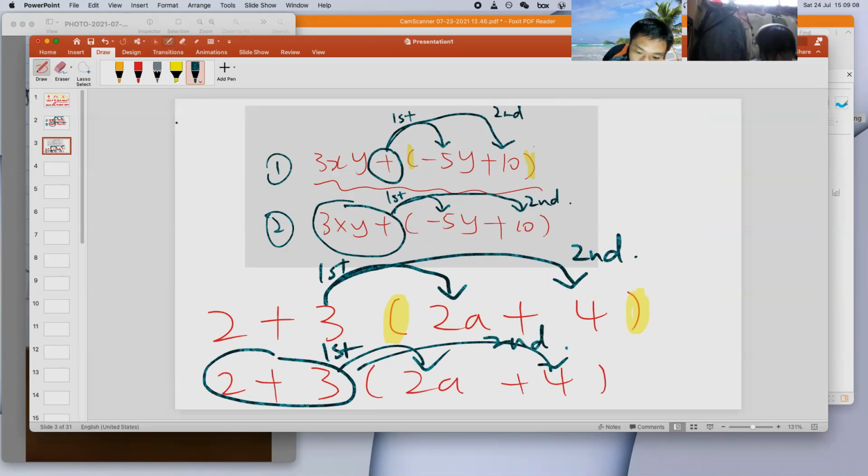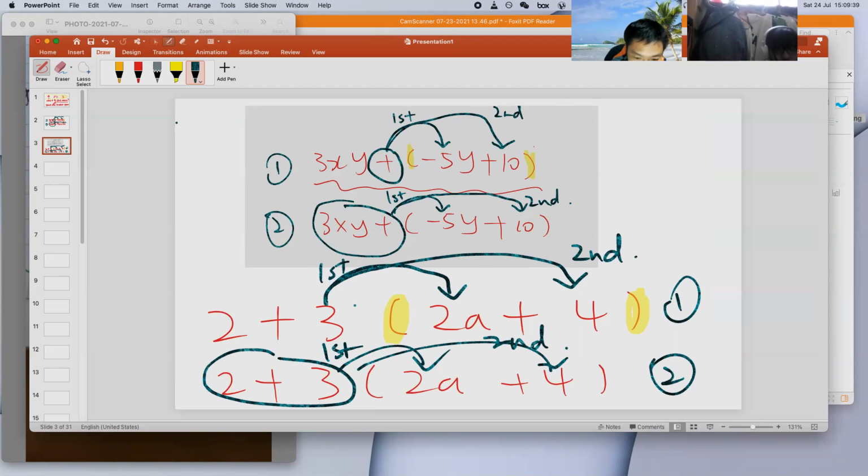So which one is correct here? Are you following? First one. Which is the first? The 3 times 2. Very good.